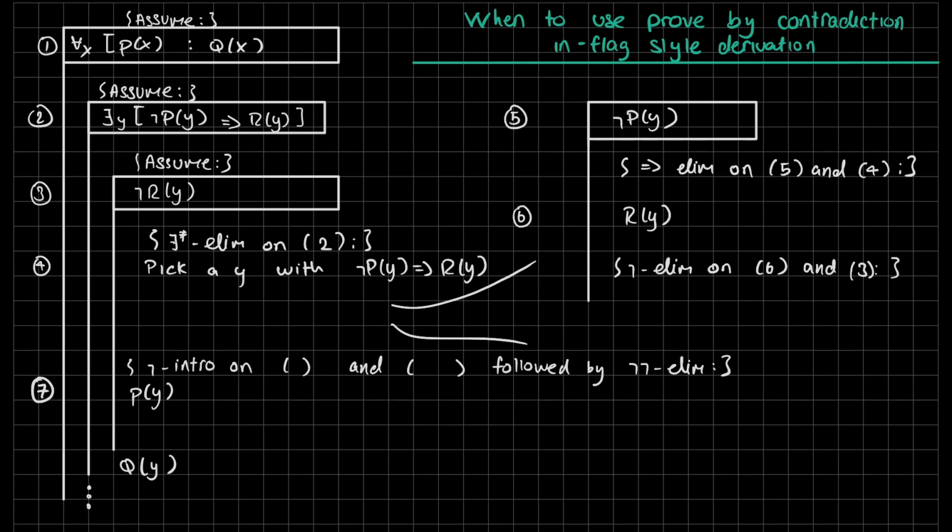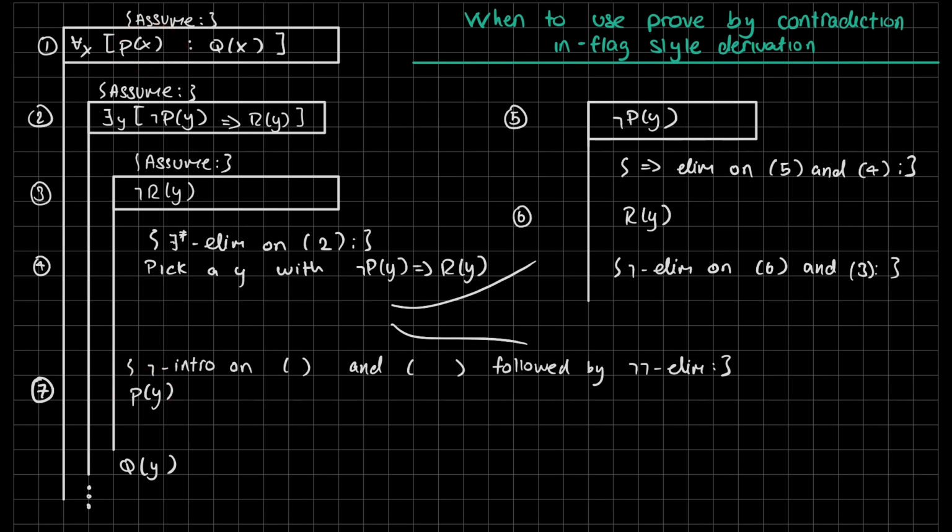So now we've derived p of y, and we're done because, well, we said that we wanted to prove q of y. Well, q of y, yes, and the only way we could get q of y is to get rid of this for all quantifier, and the only way to get rid of the for all quantifier was to get the p of x, and we have the p of y.